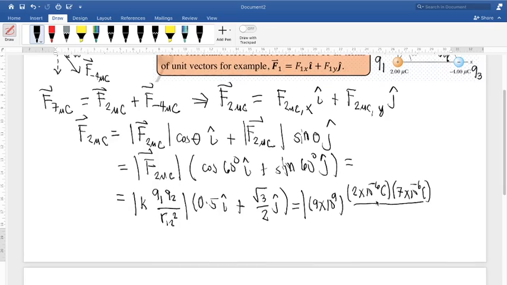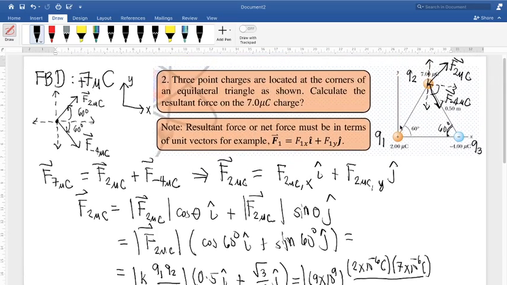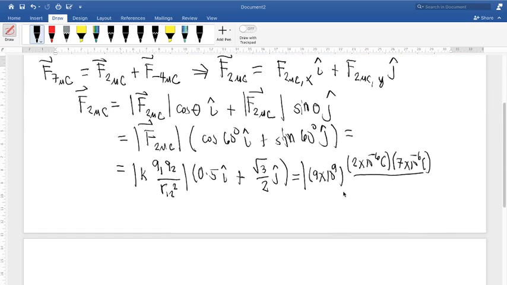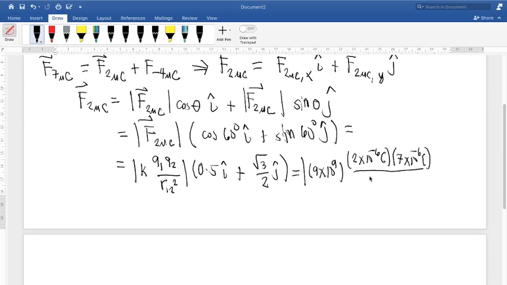So the distance between q1 and q2 is equal to 0.50 again, because all of the sides of an equilateral triangle are equal. Meaning this side is 0.50, this side is also 0.50, and same also with this side. So di na to siya i-convert because meter is already an SI unit.